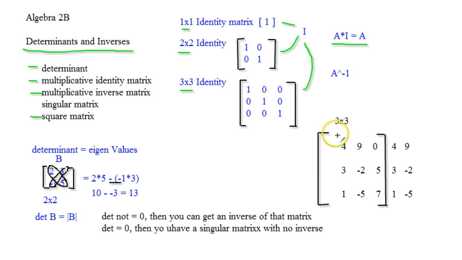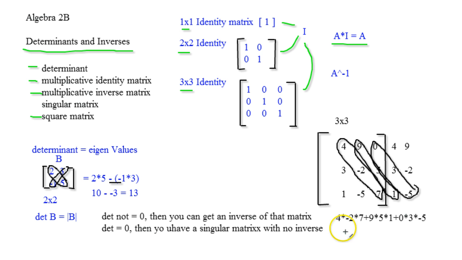Once you repeat those, you multiply these all together and then add that with these and these, adding all together.